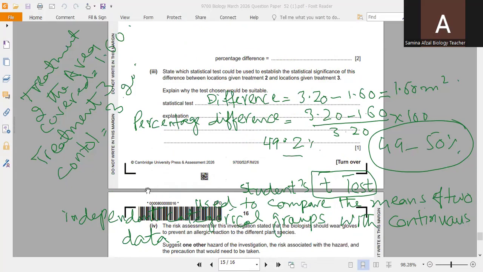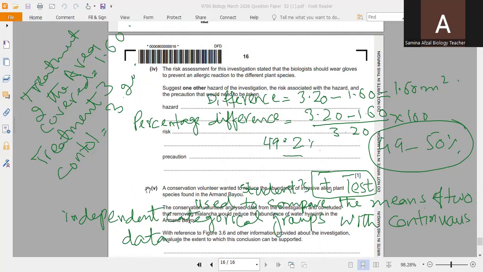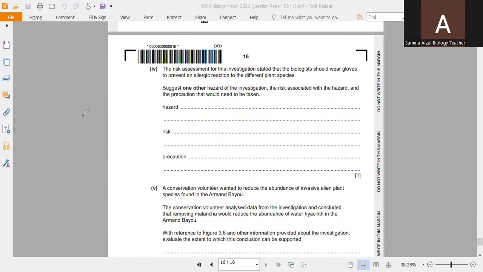Now, moving towards the next part of this question, which is part 4. The risk assessment for this investigation stated that the biologist should wear gloves to prevent an allergic reaction to the different plant species. That is just one hazard. Give one other hazard of the investigation, the risk associated with the hazard and the precaution you would need to take.